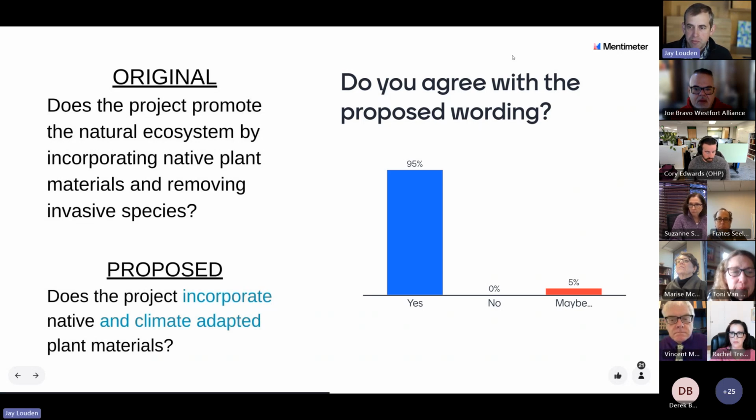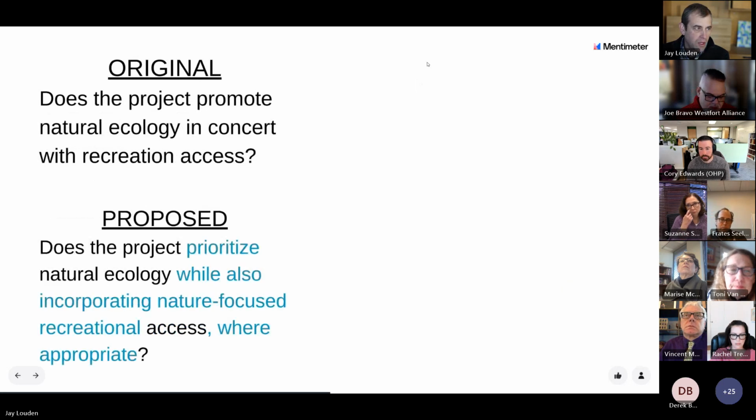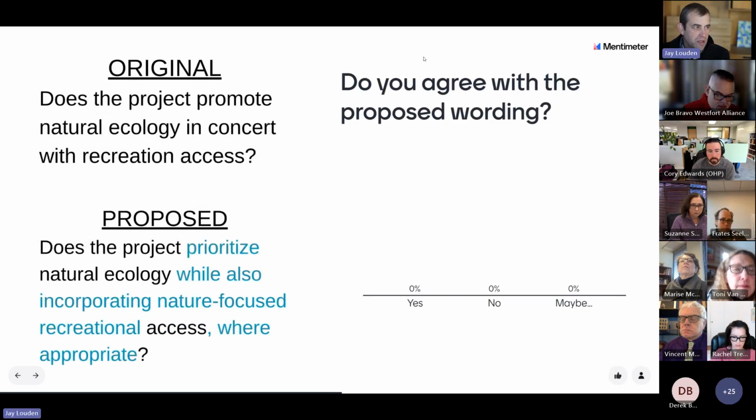Is there a comment? The original: does the project promote natural ecology in concert with recreation access? The proposed, and Suzanne, this is one where I've reworded a little bit from a comment you'd made: does the project prioritize natural ecology while also incorporating nature-focused recreational access where appropriate?